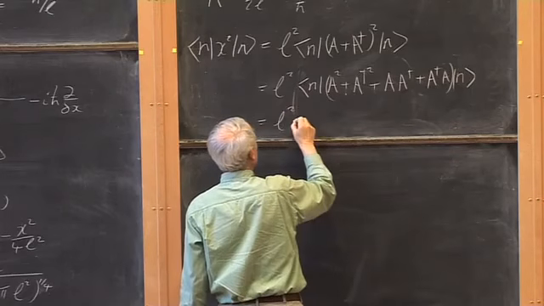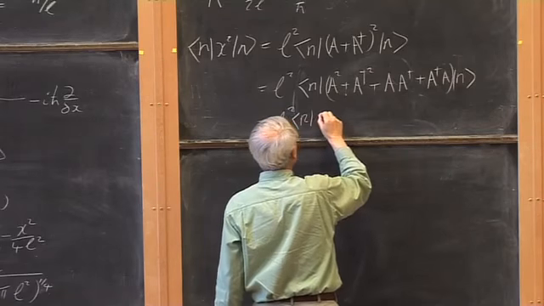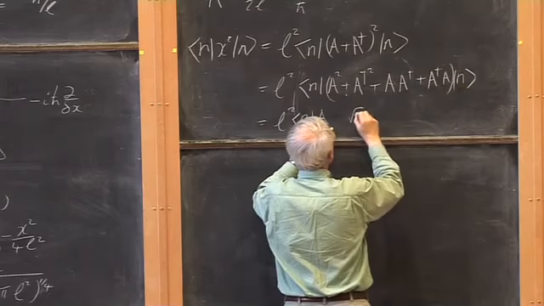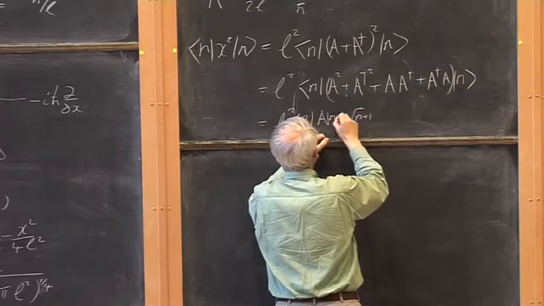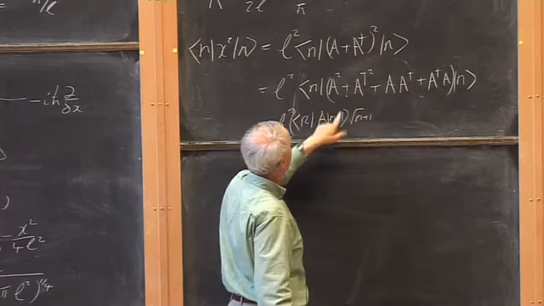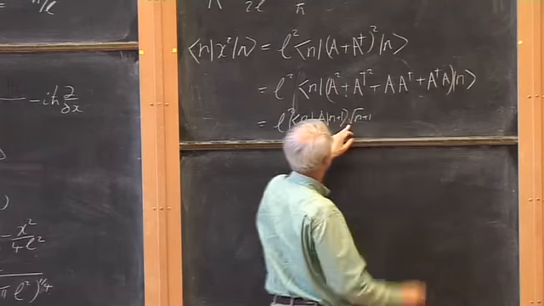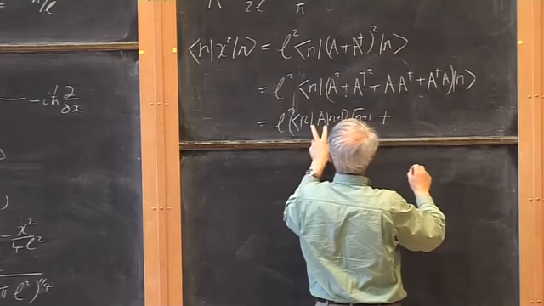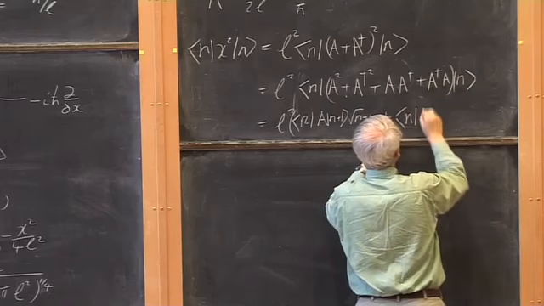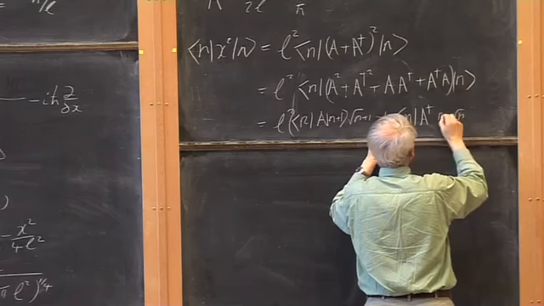So this is going to be L squared of n, A. Now, the A dagger on this is going to produce root n plus 1 times n plus 1. And now I've left the other A to be done, and here we're going to say that this is equal to n A dagger times the result of A working on that, which is root n times n minus 1.